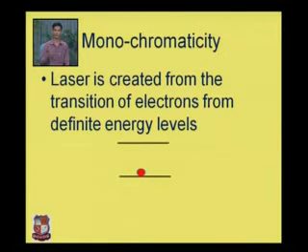So laser action occurs between two particular energy levels only, and that's why the emission is of a specific wavelength. It doesn't have any other wavelengths. So that's why your laser is a highly monochromatic light, that is, it has only one color.